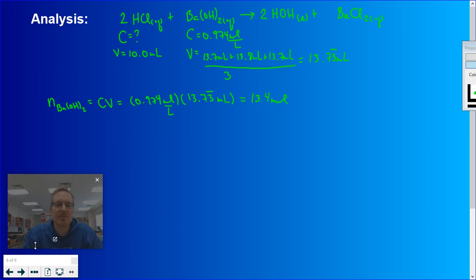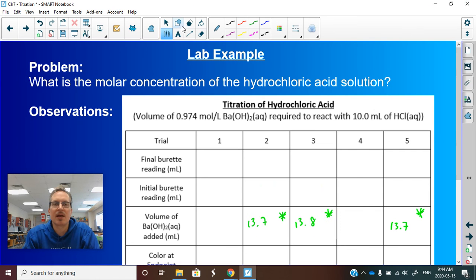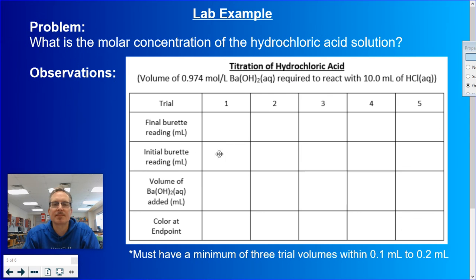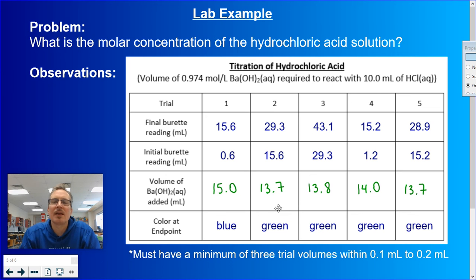The reason it's recorded in 3 significant digits is we always go back to the observation table. Let's quickly look at my table again. One might say, Mr. Kemp, why is it 3?